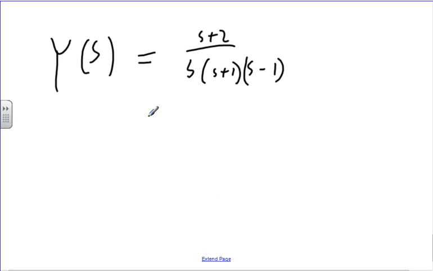Okay, we'll do a partial fraction. A over s, b over s plus 1, c over s minus 1.